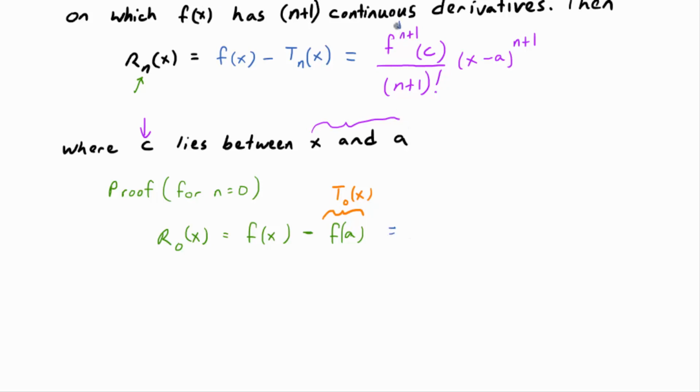And then, when you plug a 0 in there, you get the first derivative, 0 plus 1. So it's f prime of c times x minus just a, because you're plugging in 0 there. Does this look familiar to anybody? From Calculus 1.